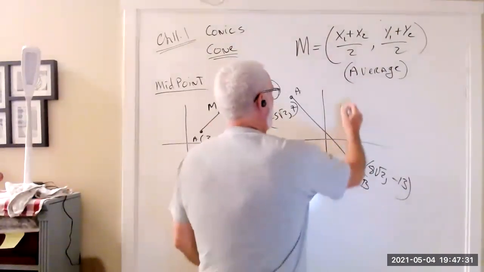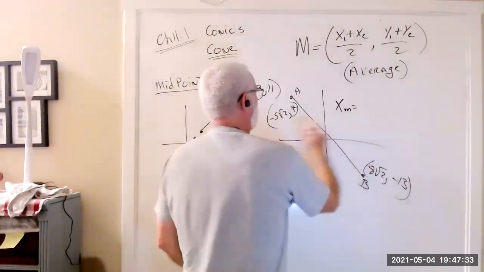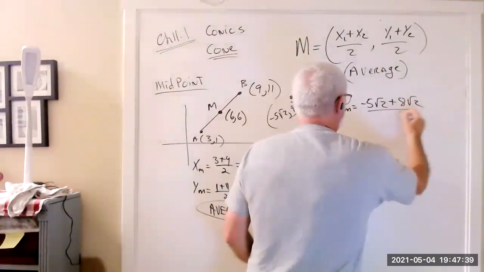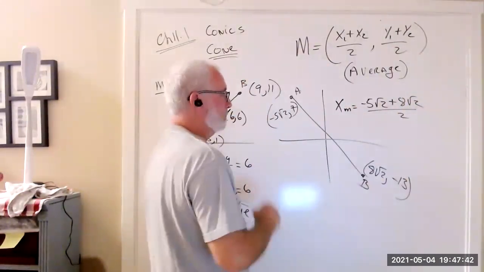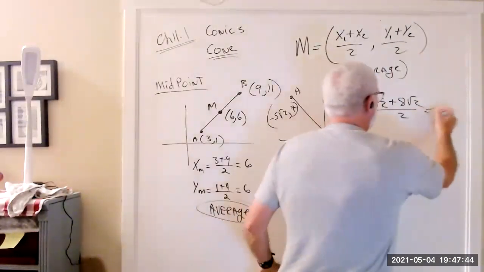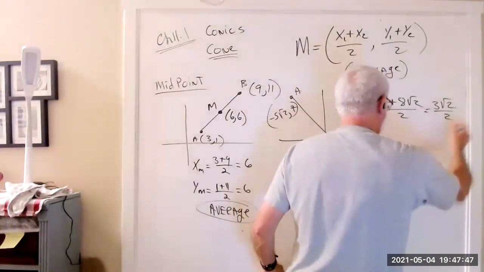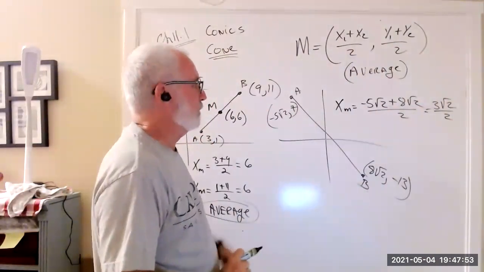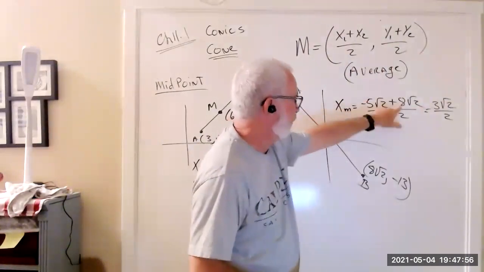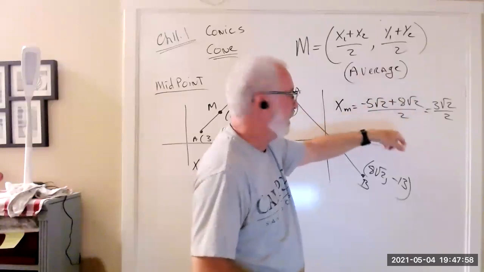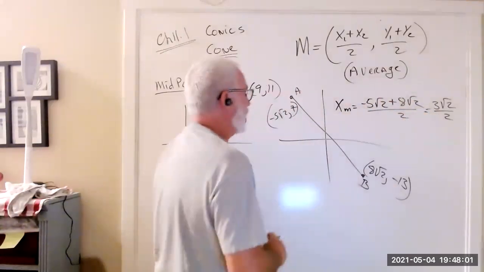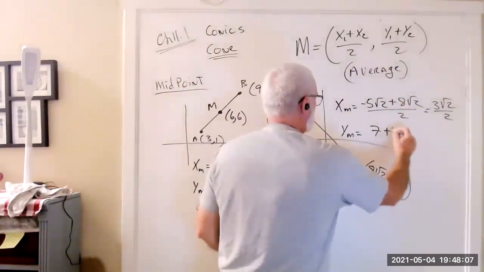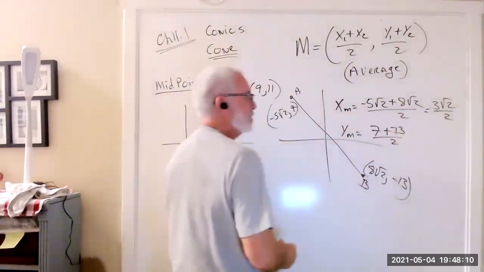So x at the midpoint is -5 rad 2 plus 8 rad 2 divided by 2, which makes it 3 radical 2 divided by 2, whatever that is. Add them up: -5 radical 2 plus 8 radical 2. We talked about that a couple chapters ago. Y at the midpoint, y sub m, is 7 plus -13 divided by 2.